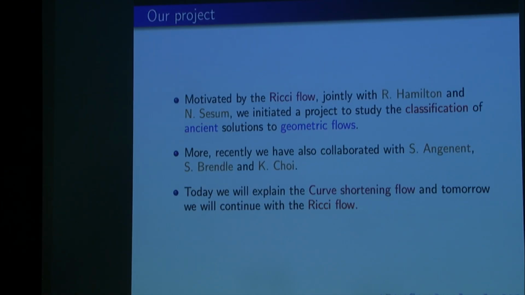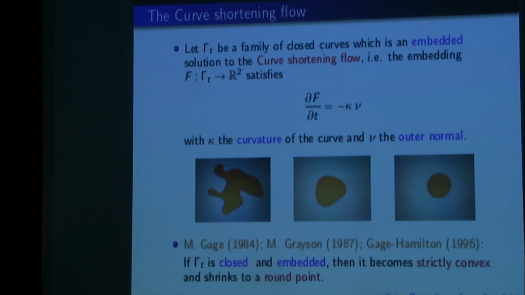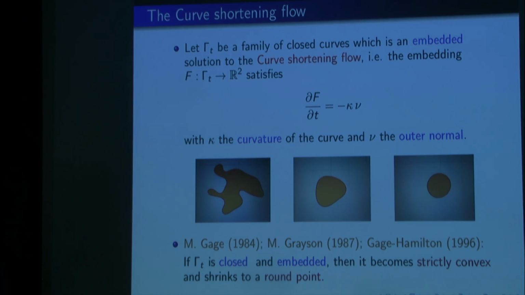Okay, and as I said, we soon realized that we could not do 3D Ricci flow. Then we said, okay, let's do 2D Ricci flow, which was easier. We realized we couldn't do 2D Ricci flow, so we said, okay, let's do 1D.